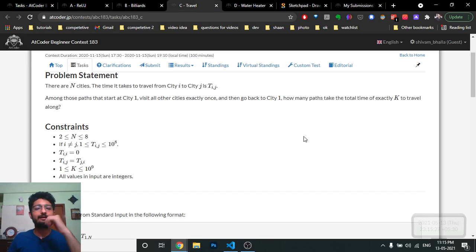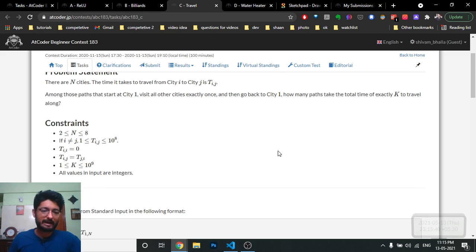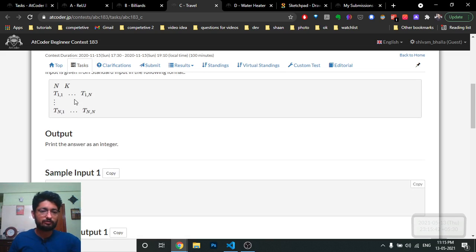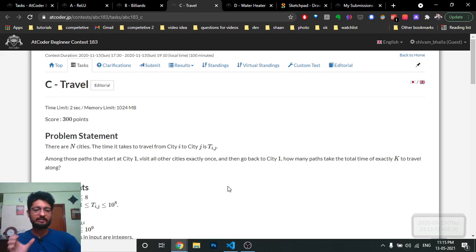The third problem: you have n cities, and the time it takes to travel from city i to city j is Tij. So you are given a matrix in which traveling from city 1 to 1 is 0, obviously, then 1 to 2, 1 to 3, 1 to 4, then 2 to 1, and so on. So the time it takes to travel between cities i and j is given to you.